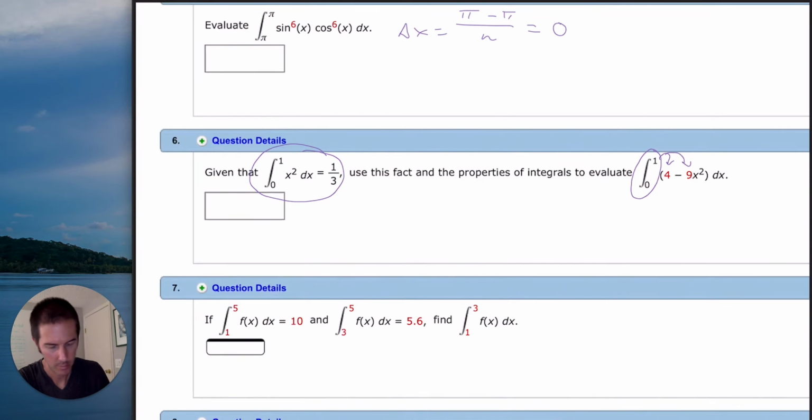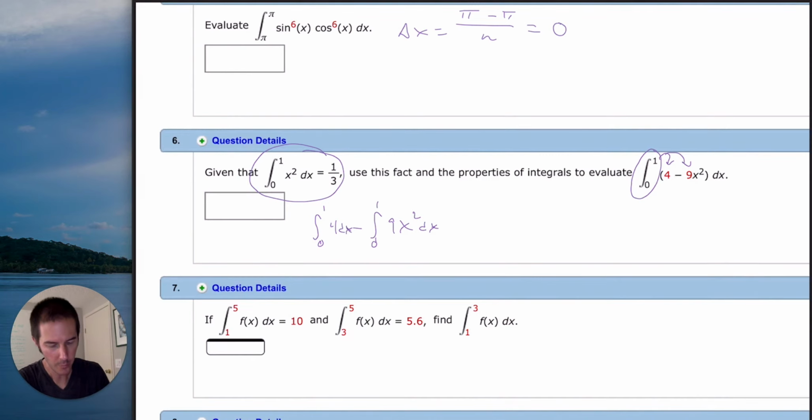And that leaves us with the integral from 0 to 1 of 4 minus the integral from 0 to 1 of 9x squared. Both of these should have a dx at the end of them because we're integrating with respect to x. So to be thorough and ultimately correct, we should have the dx on both of those.